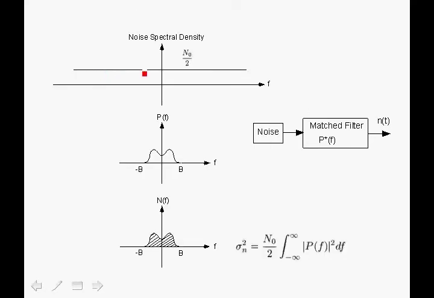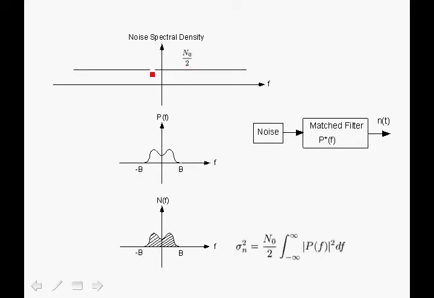Additive white Gaussian noise, in our case, is white noise, and it has a one-sided power spectral density equal to N0, and here we're showing the two-sided power spectral density, and therefore it is equal to N0 over 2.